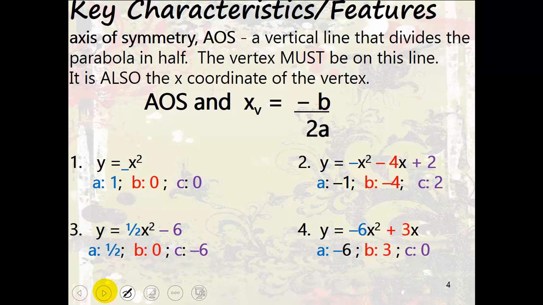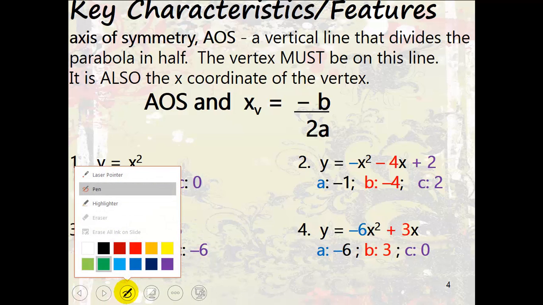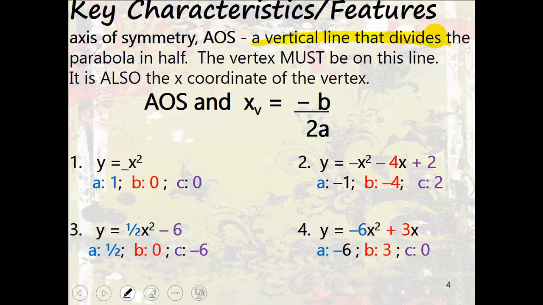All right, the next piece of information that's super important is called the axis of symmetry. It is the vertical line that divides the parabola in half. That means it creates a mirror image on each side, okay? I always abbreviate it AOS because axis of symmetry is so long to write out.